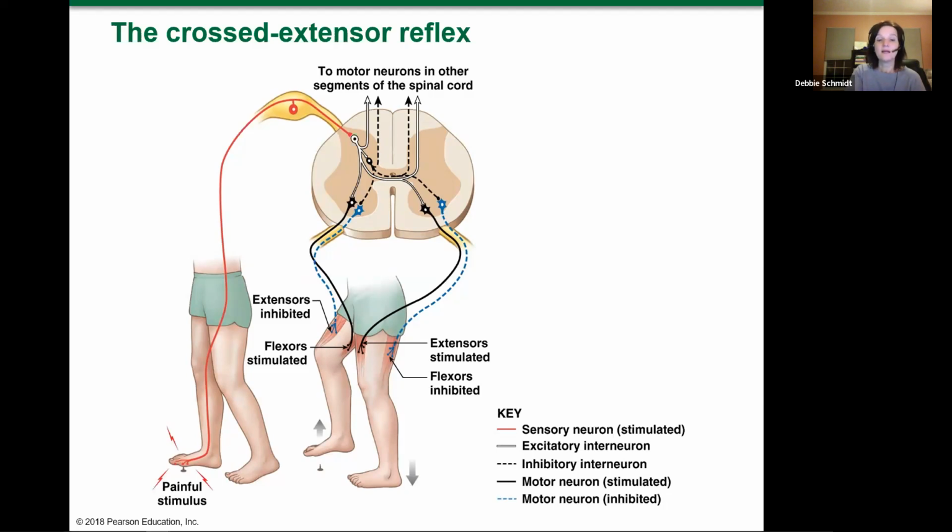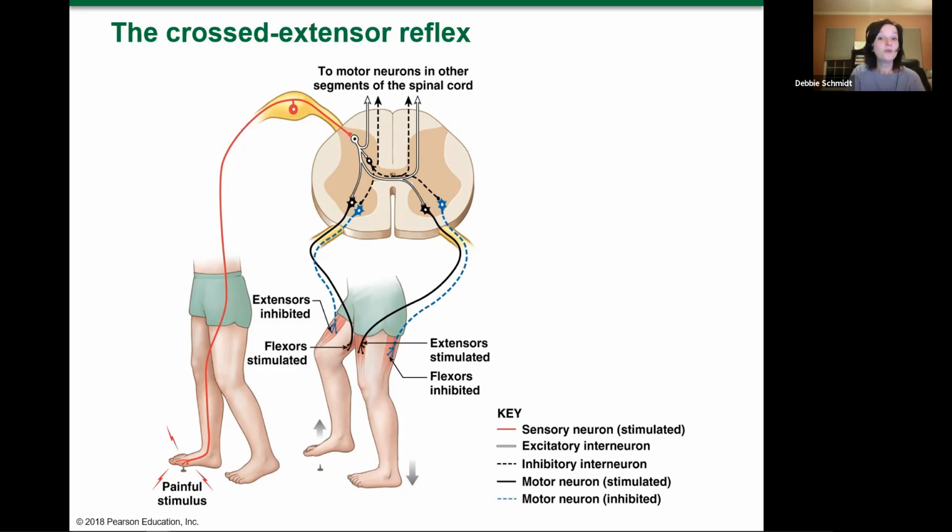So what we've got to do, well, again, we were using some extensors as we step down. We have to inhibit those extensors, okay? And we have to now contract the flexors to pull your foot back off of it.